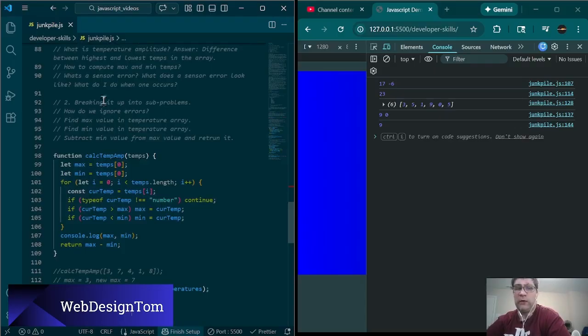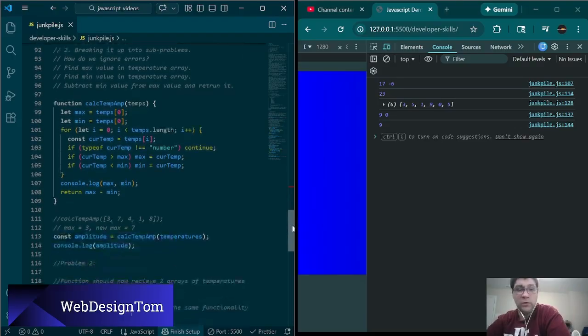So then we asked, how do we compute the max temperature in an array? Basically, we went on to this site called Stack Overflow. When we Googled it, Stack Overflow came up in the Google results. I should put it that way.